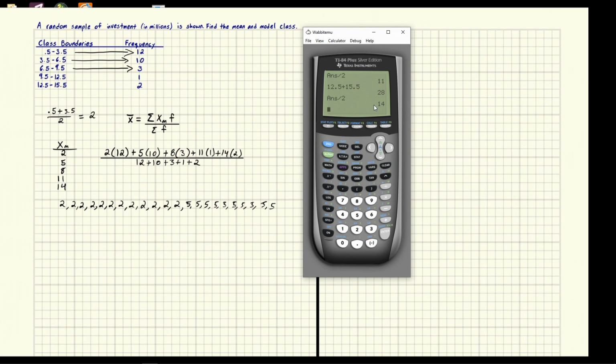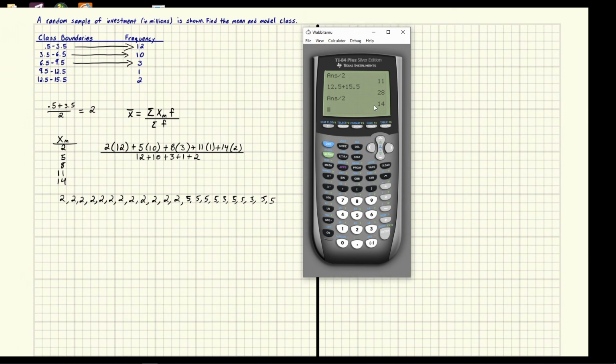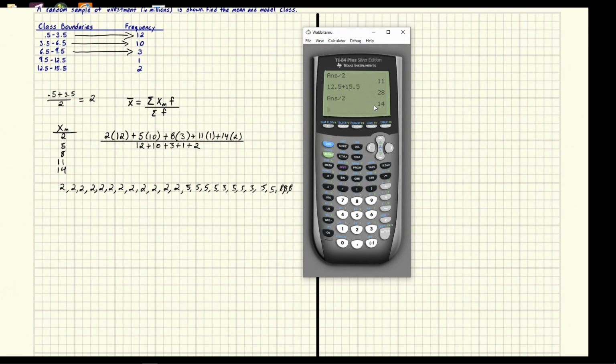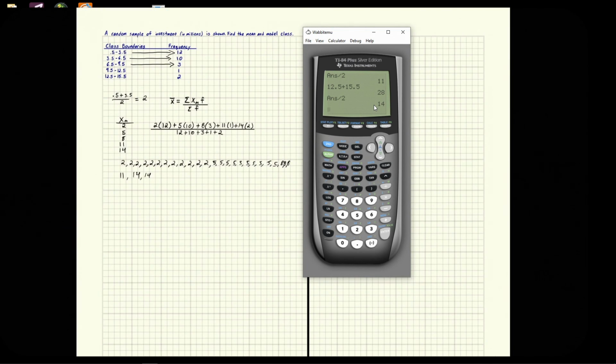So we'd have 10 5s. And then we're told that the next midpoint's 8, and the frequency is 3. So we'd have 3 8s. Followed by an 11, followed by 2 14s, because the frequency of 14 is 2. Frequency of 11 is 1.